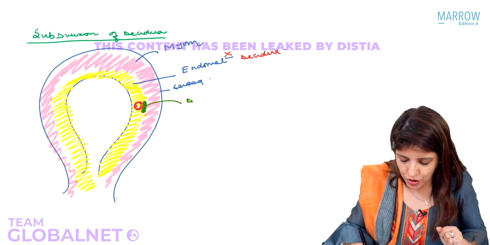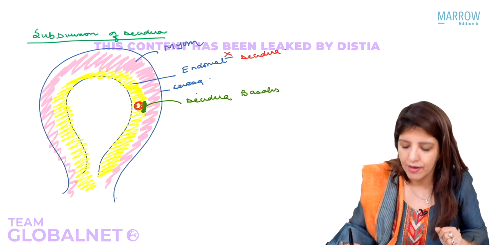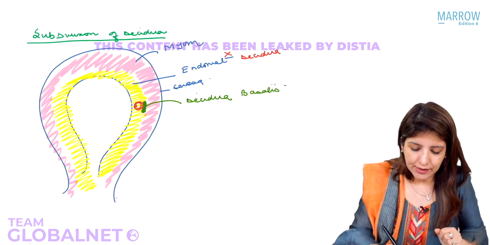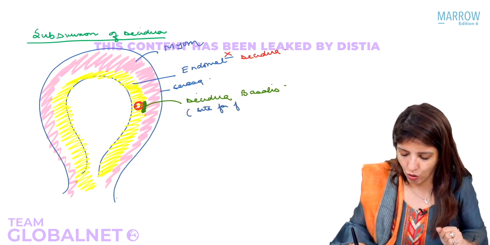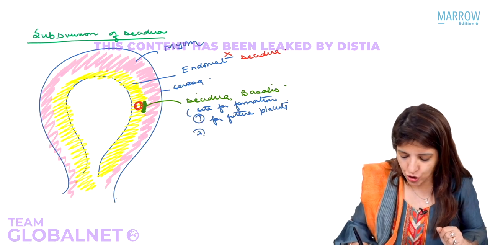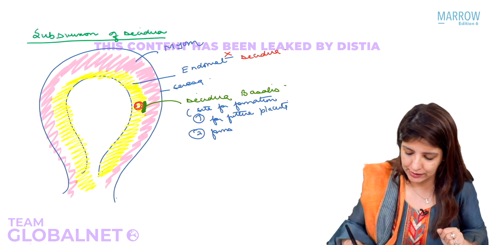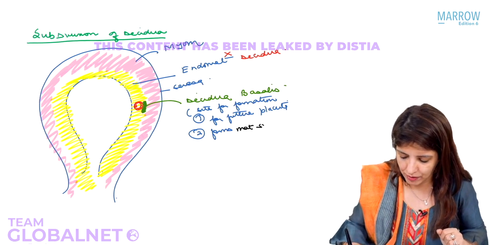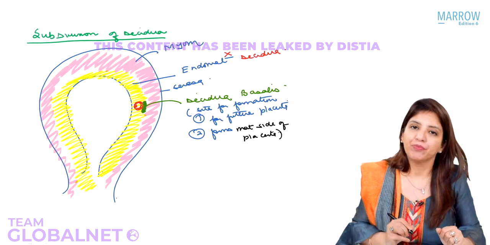This decidua which is lying below the blastocyst is called the decidua basalis, right? This decidua basalis is the site for formation of the future placenta. So the future placenta is going to be formed here, number 1. And number 2, the decidua basalis forms the maternal side of the placenta, right?